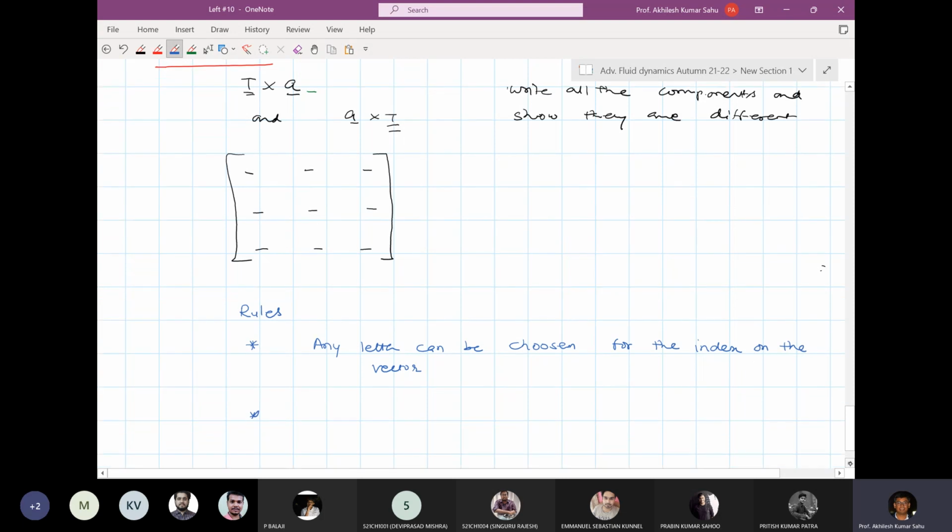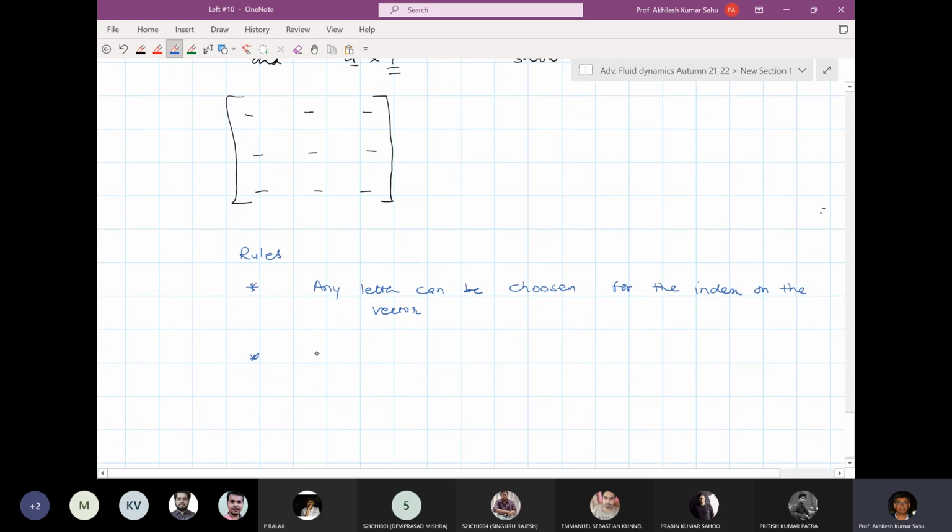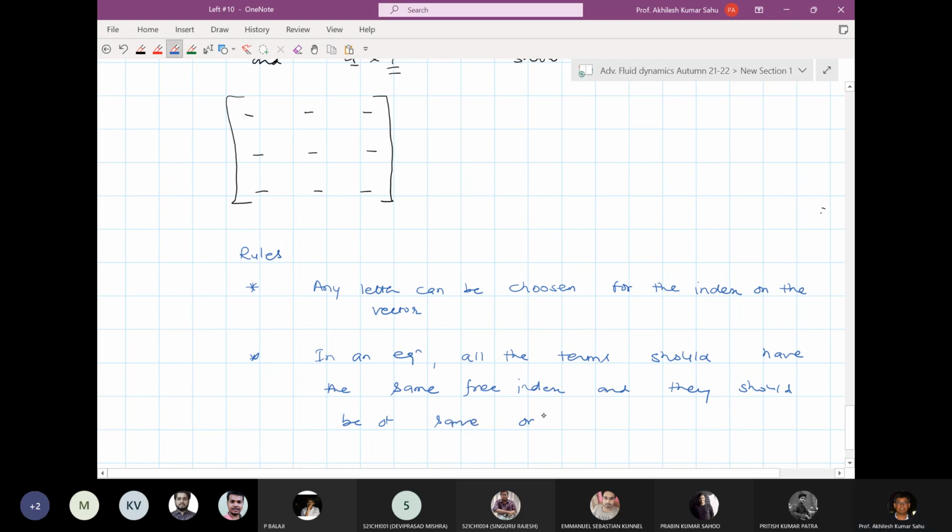The second rule: in an equation, all the terms should have the same free index and they should be of the same order.